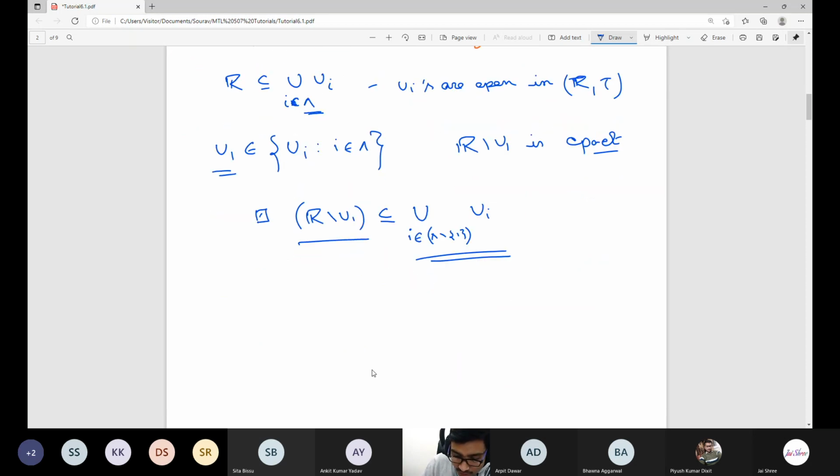Now this space, R minus u_1, is a compact space. So from the definition, this has a finite subcollection.